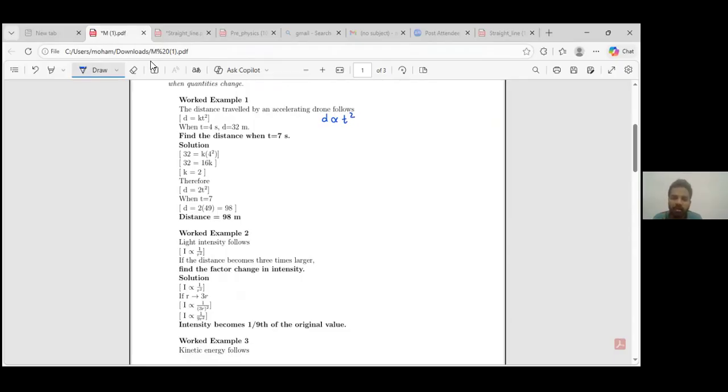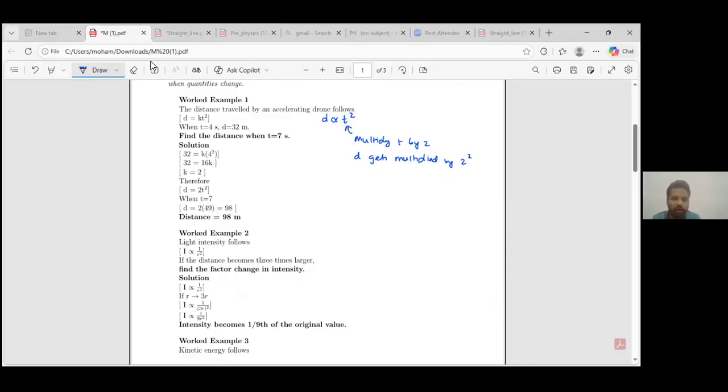So if I multiply t by 2, d gets multiplied by 2 square. If I multiply t by 3, d gets multiplied by 3 square. If I multiply t by 5, d gets multiplied by 5 square. That's how this works, right?